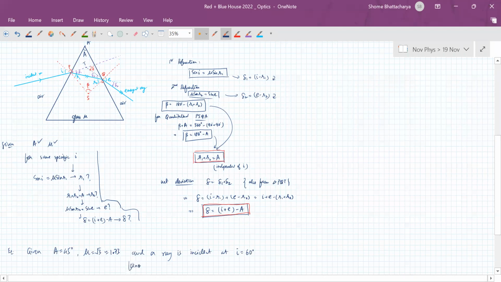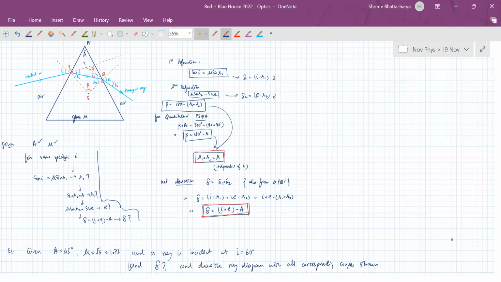Find the net deviation, and draw the ray diagram with all the corresponding rays or corresponding angles, etc. We'll have to use a scientific calculator because we'll get some odd values of sin I, etc., which we'll need to calculate.